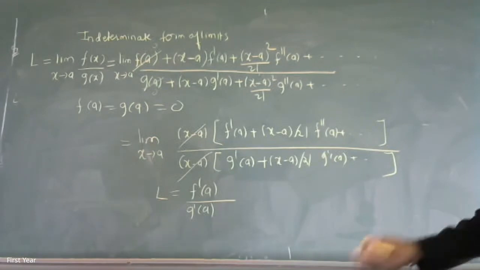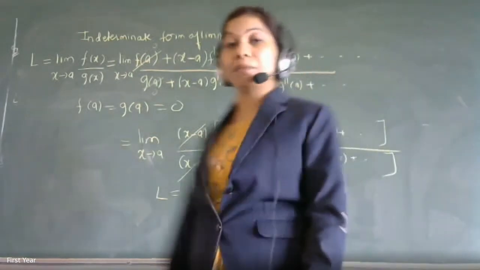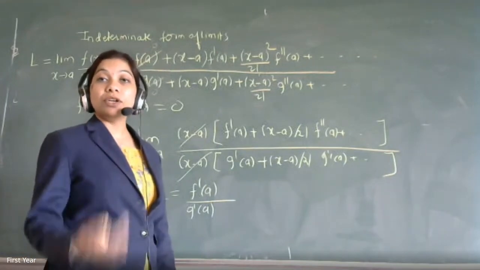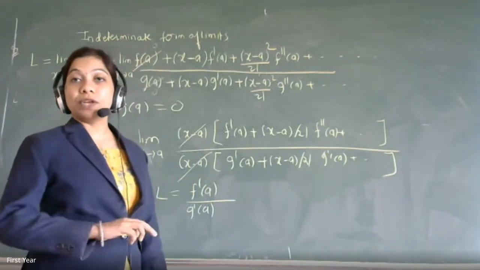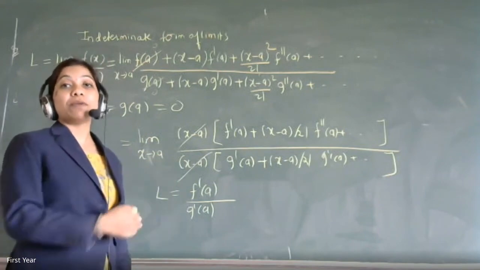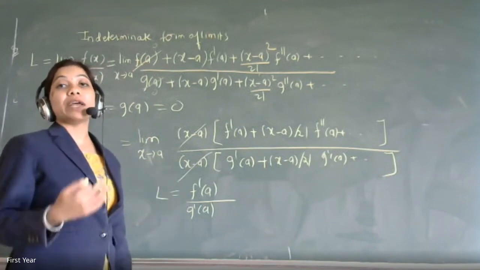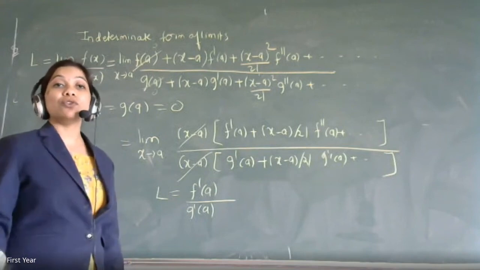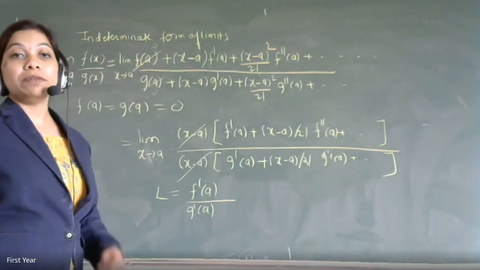In 12th standard you did limits and indeterminate forms completely, where you applied Hospital's rule. So how is it used? This is the way it is used. We write down the Taylor series expansion and then we see the answers. Every time when f of a and g of a are 0, the answer is f dash by g dash. If that is also 0, then f double dash by g double dash, and so on. Okay? Fine?